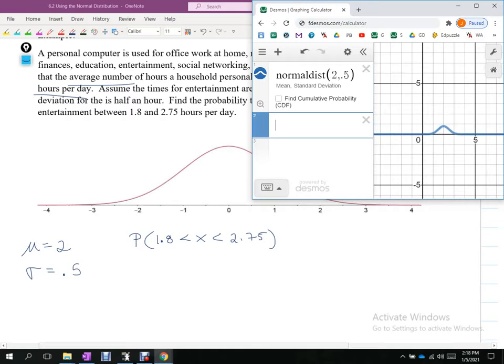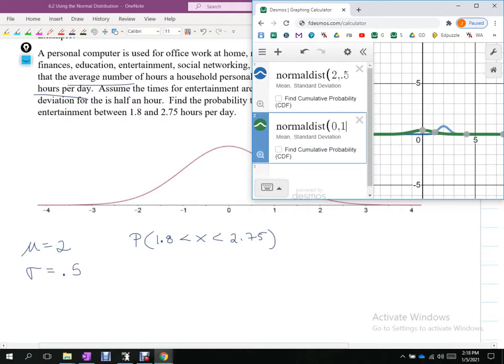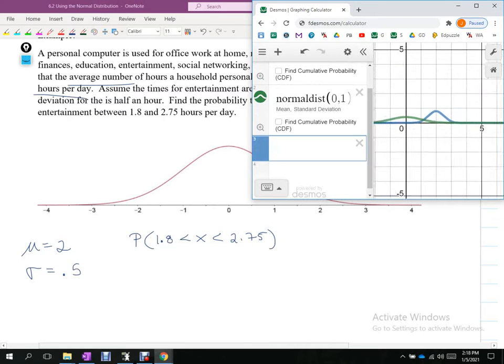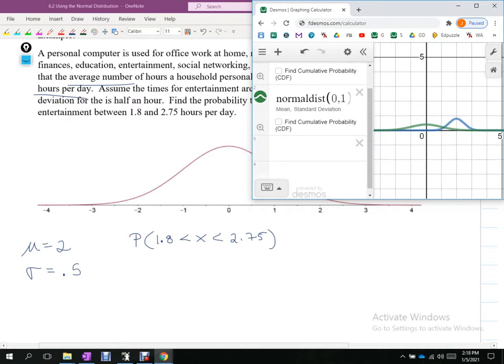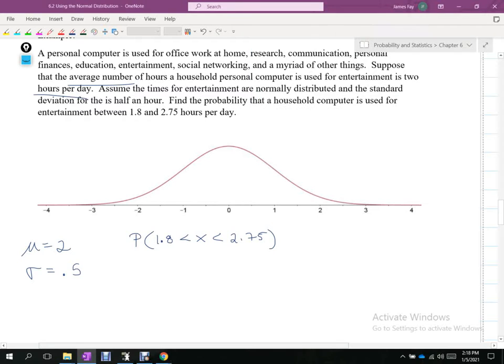Okay, we want to get that down to that green curve. Okay, so the standardizing of this information is going to take this blue one and make it become this green one. Okay, so that's the goal here of standardizing. So to standardize, it's z is equal to x minus mu over sigma.